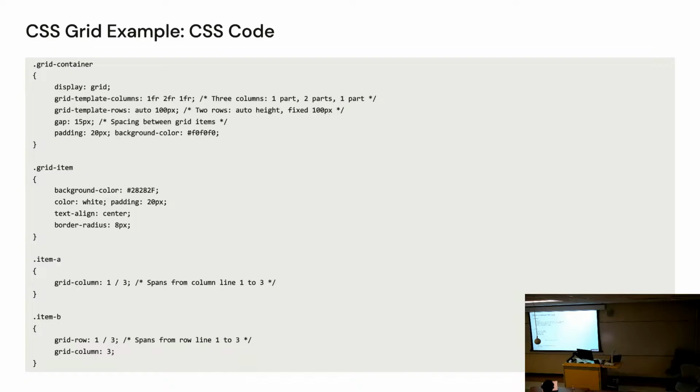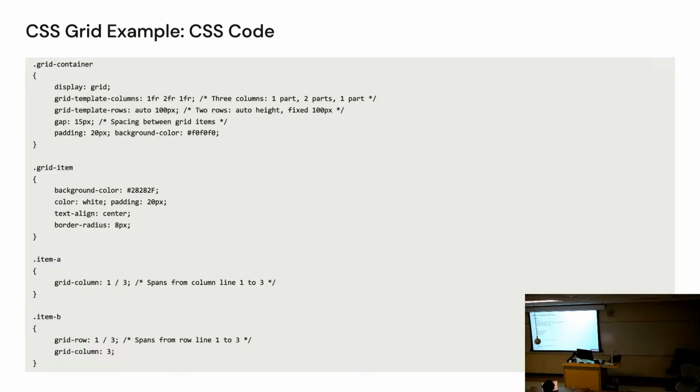So right here. Now you might be thinking, David, that's the second column. What are you talking about? How grid works is we count by lines. This will be 1, 2, 3. So when saying 1 to 3, we're saying we want this to stretch to the third line. So we'll only be in 2 content boxes.